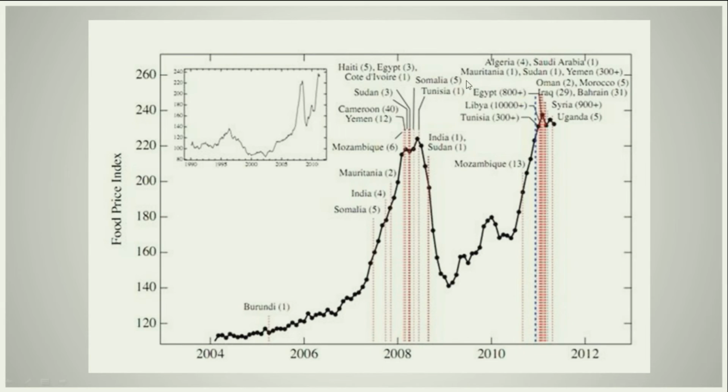A whole collection of unrest here in 2009. Then the food price went down and then came up again in 2011, and again we had another collection of civil unrest. So this can only get worse.